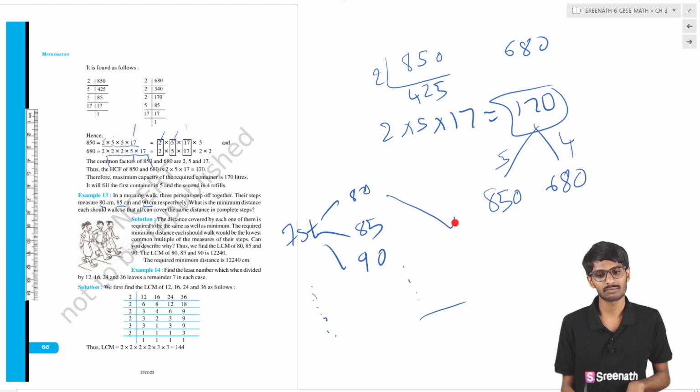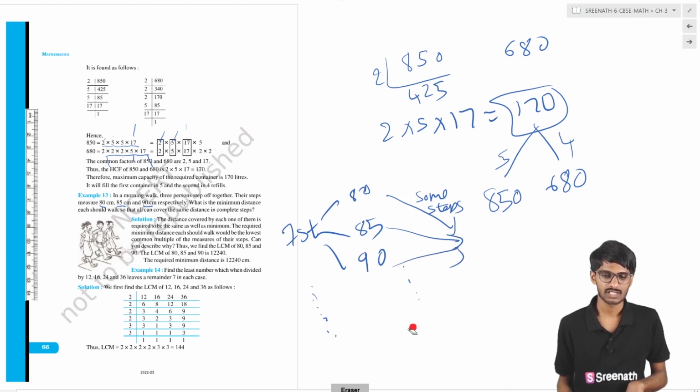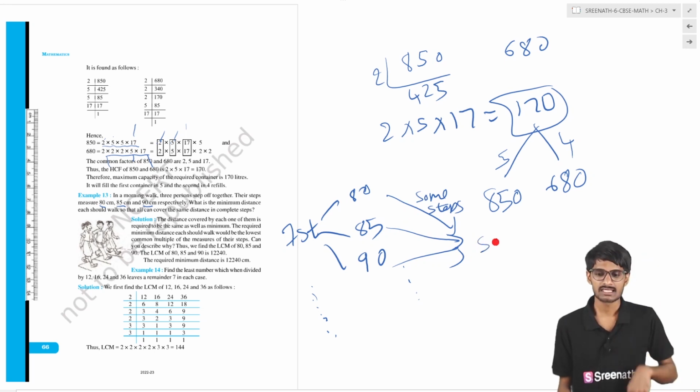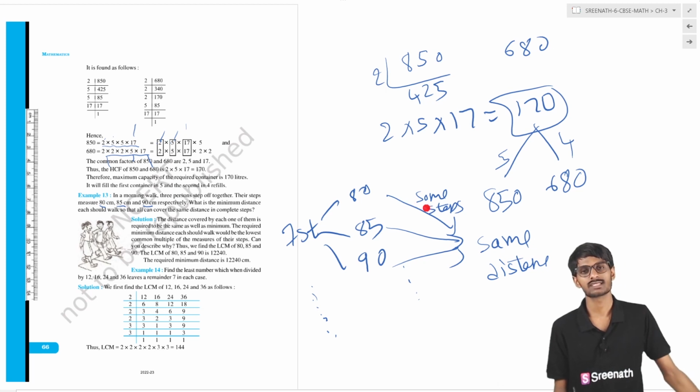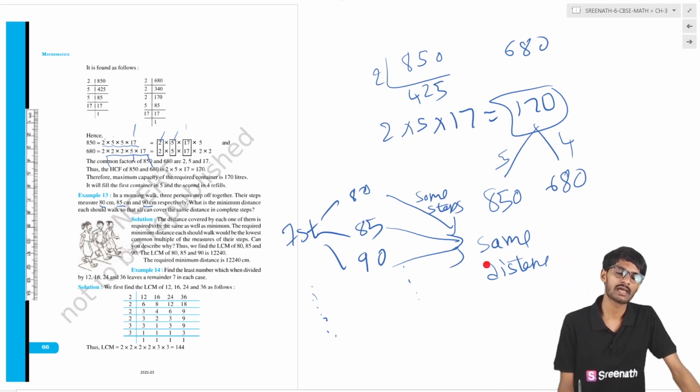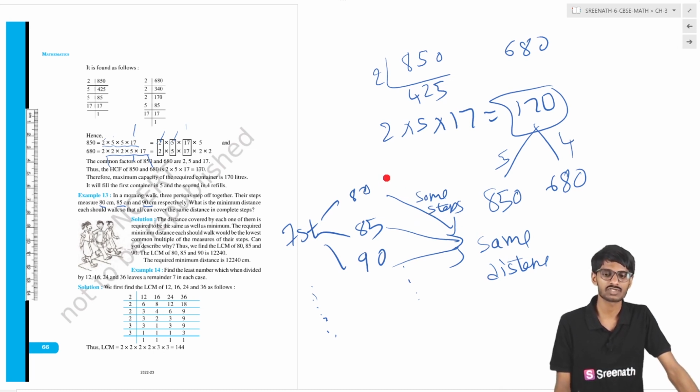After doing some steps, all must have traveled the same distance. For those steps, what is the minimum distance they have to travel, from starting at 0?